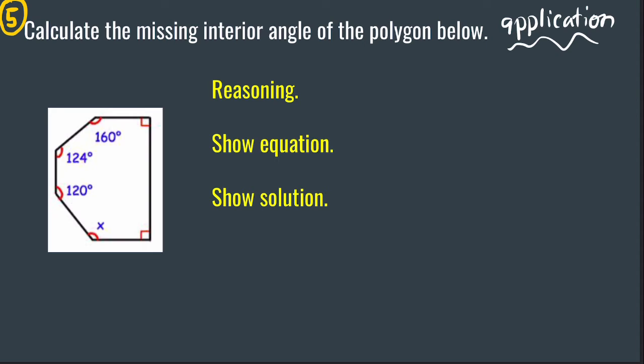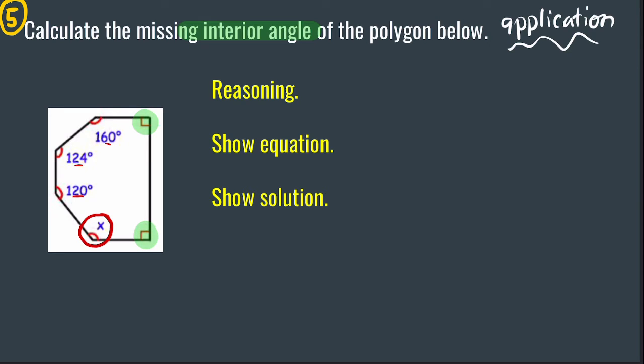Okay, so if you look here, it's asking you to solve for the missing interior angle of the polygon. So it's referring to this. So x is missing. Every other angle you know: this is 120, 124, 160, and what are those two angles?